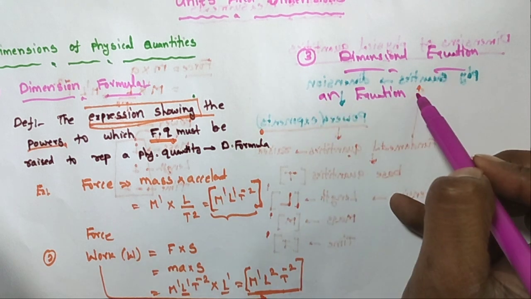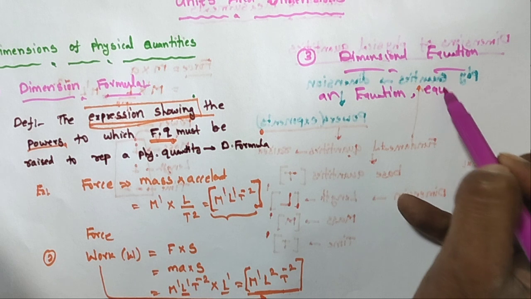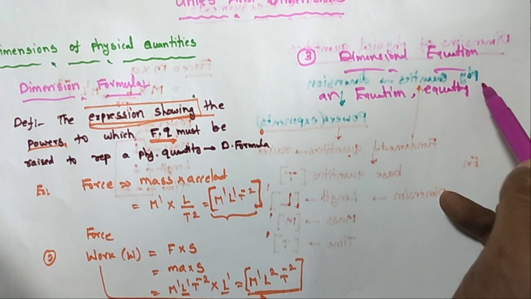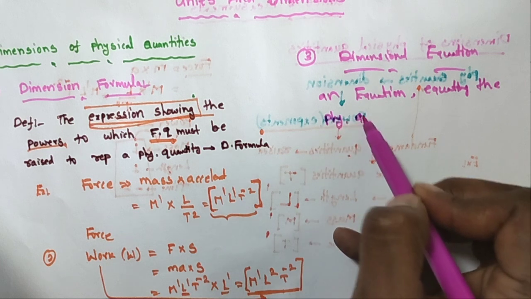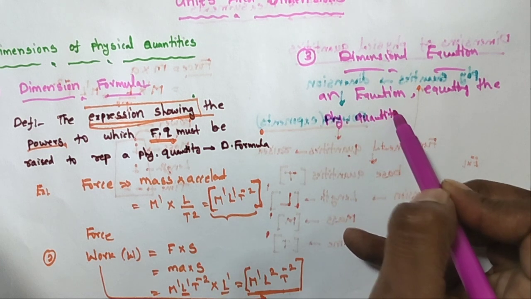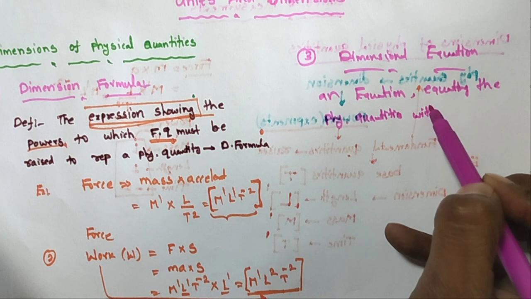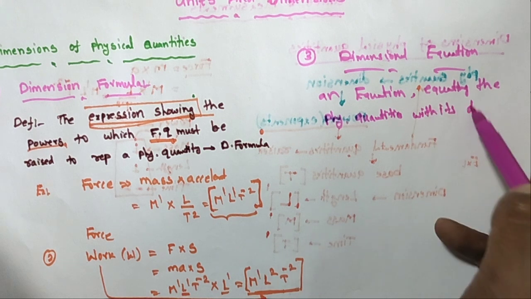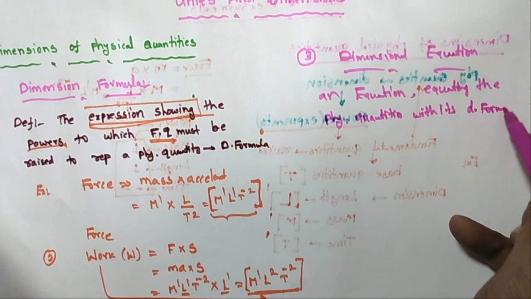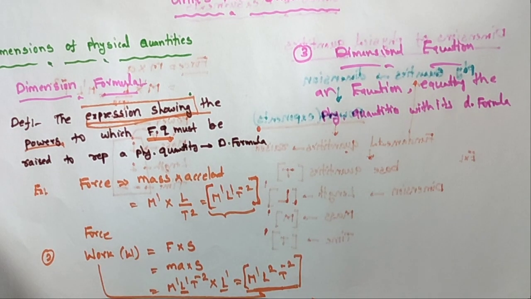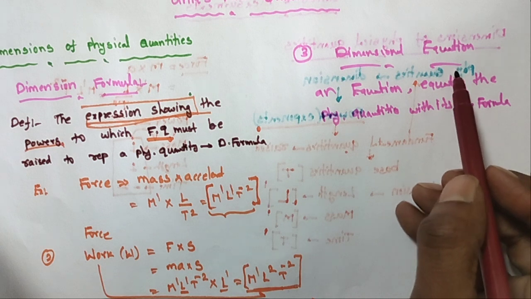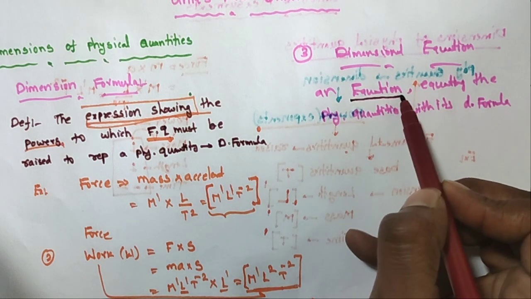It is an equation equating the physical quantity with its dimensional formula. So this is called dimensional equation. In the dimensional equation, it is one equation.